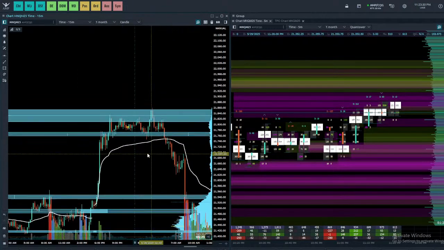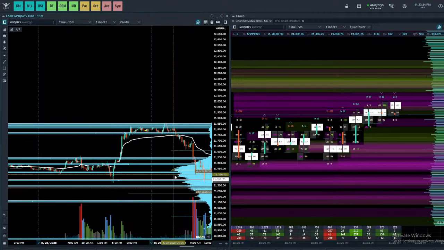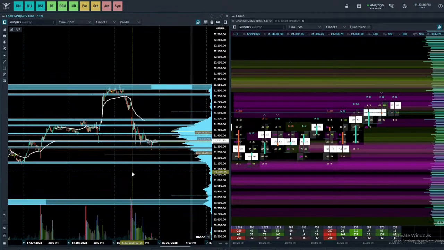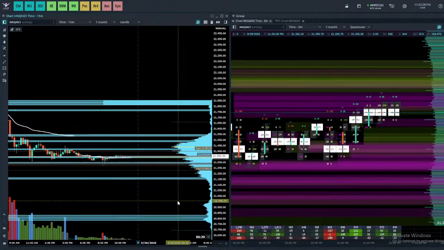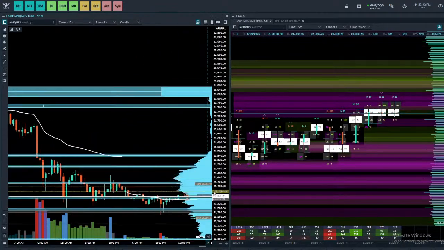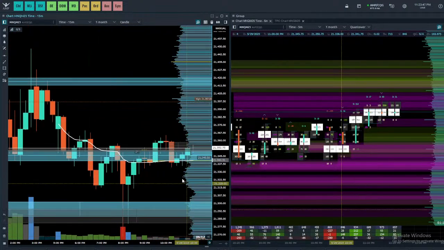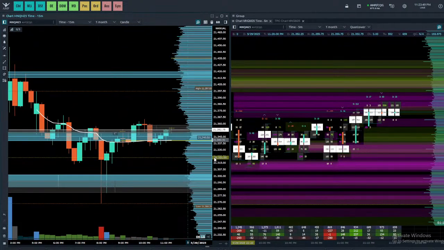That swing high. Okay. Damn. Y'all looking at everything. What the fuck?